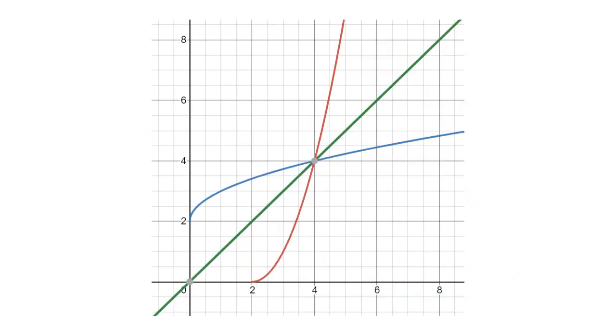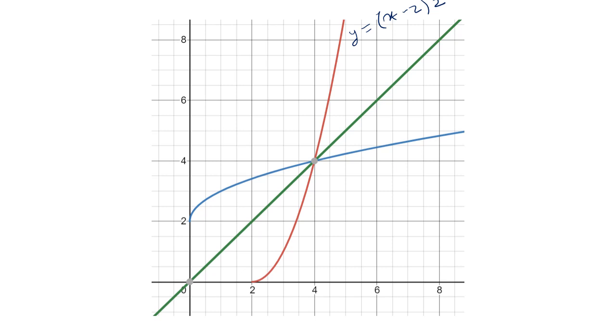Here we can see in red the graph of f restricted to the interval 2 to infinity. So in red we have y equals (x minus 2) squared.